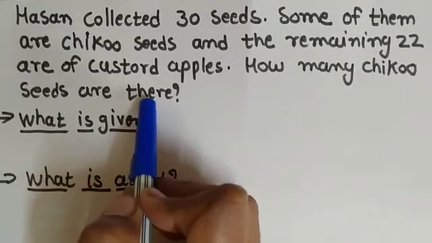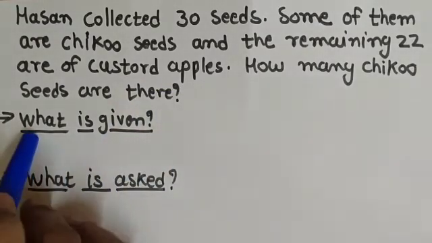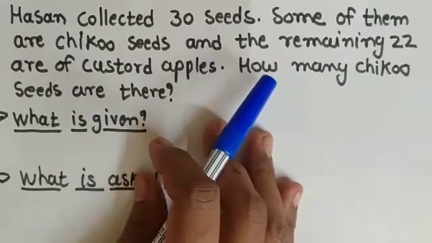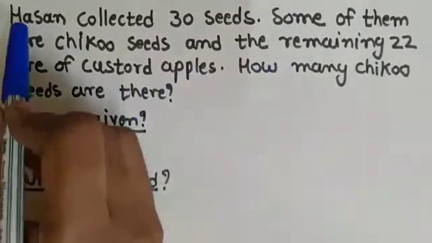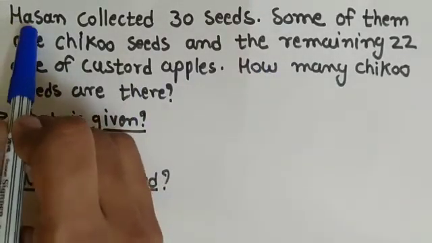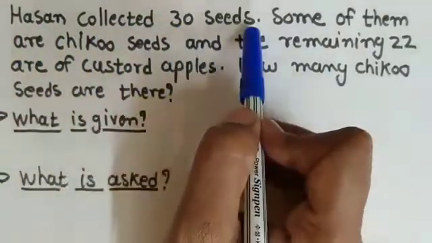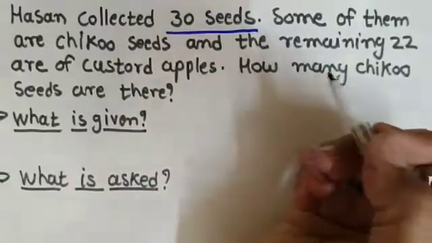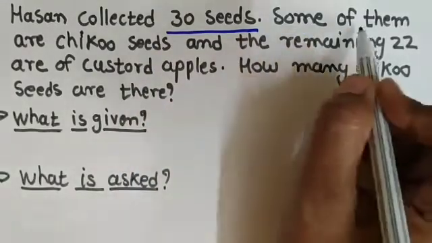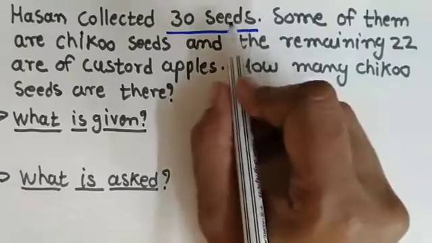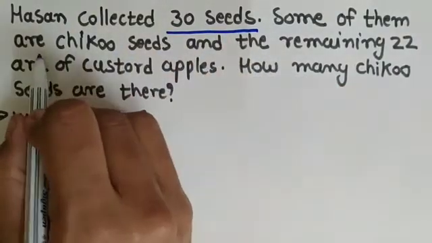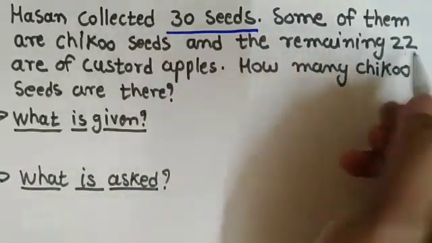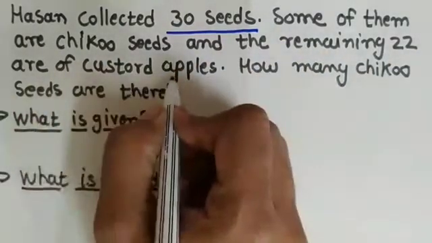So children, what we have to do? Yes, first we have to find out what is given. How to take out that? For that we have to read this question again. Hassan collected 30 seeds. Means here we have total number of seeds. Then some of them, out of 30 seeds, are chiku seeds and the remaining 22 are custard apple seeds.